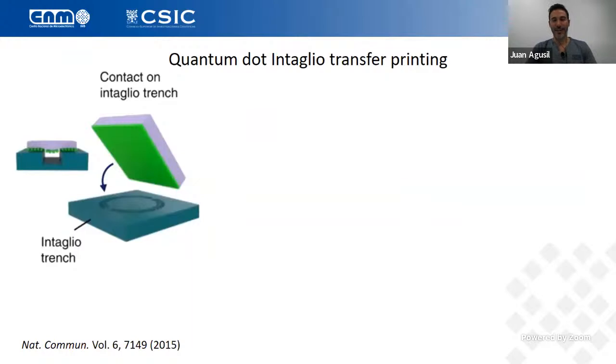A lucky part of this experiment is that we can obtain this kind of functionality out of Intaglio transfer printing, because it is not intended to be like this. In this case, the design that you want is not in your stamp, it's on your substrate. Shown in this paper is the Intaglio trench.